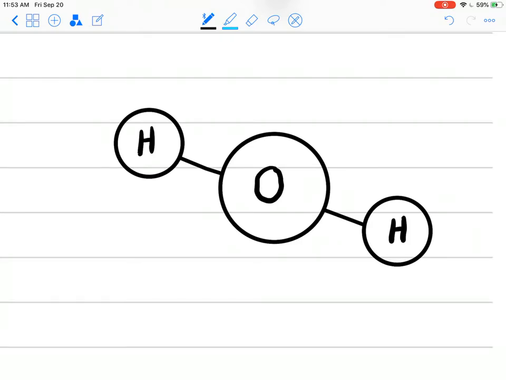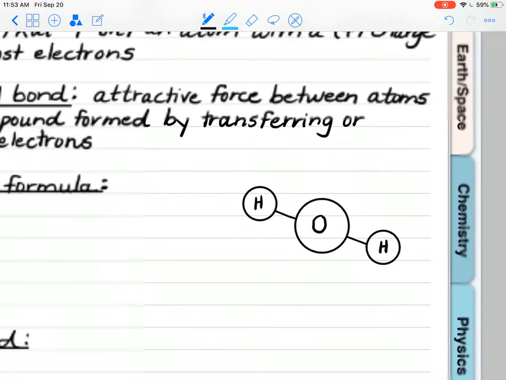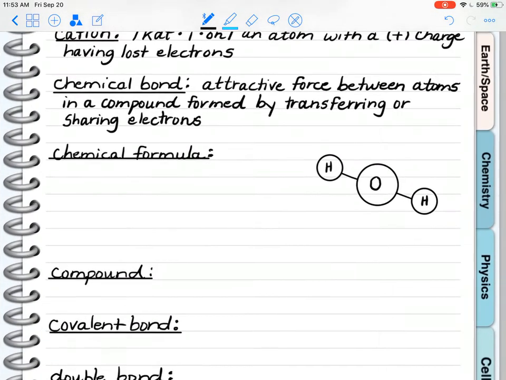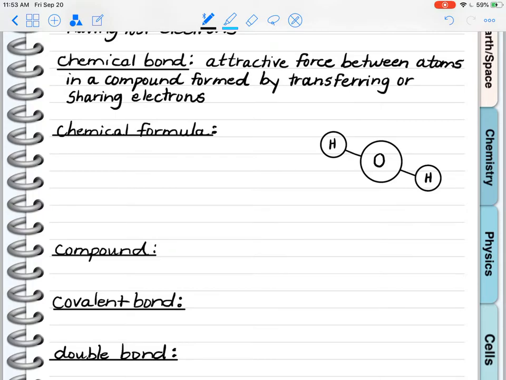Is it pure? No, it's not pure oxygen, and it's not pure hydrogen. This is not a pure element. It has two elements. This is called a compound. Let's skip down to compound and write that in.